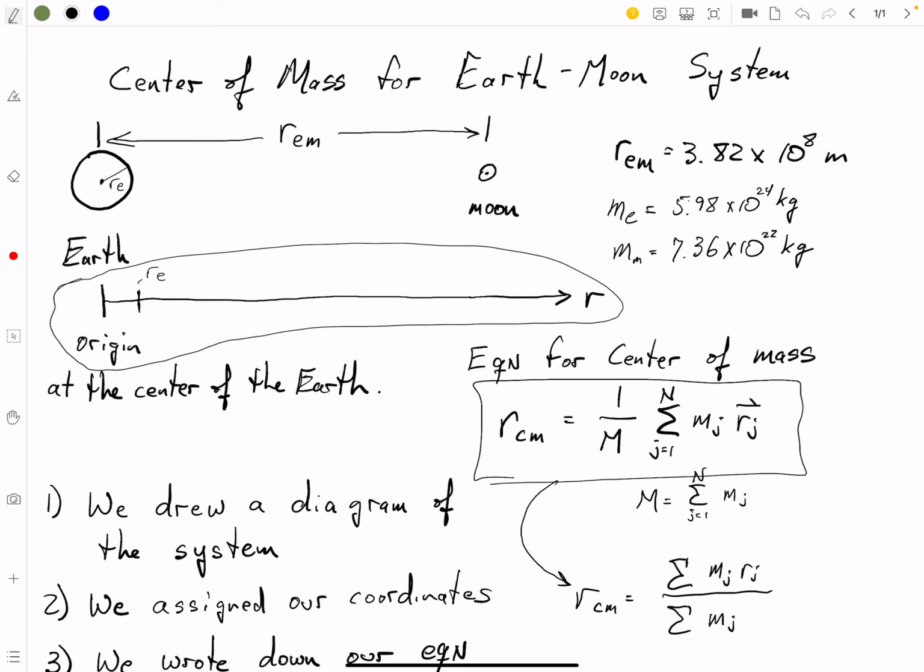And we've decided that the center of the Earth is our origin. I've labeled the radius of the Earth here just so we can see it. And then over here, I'm going to drop down. This is the distance, radius, Earth, moon. That's the distance to the moon from the center.